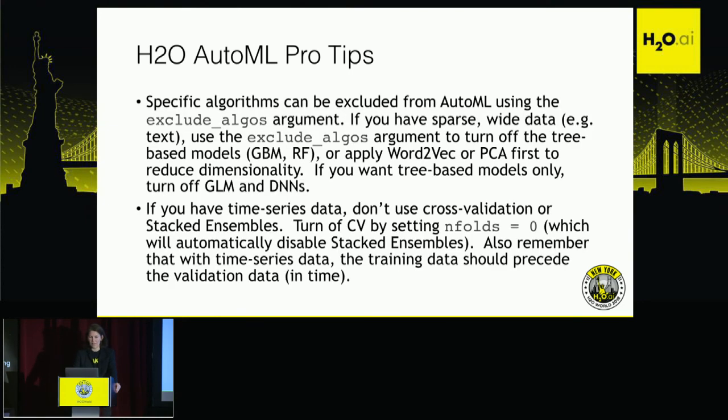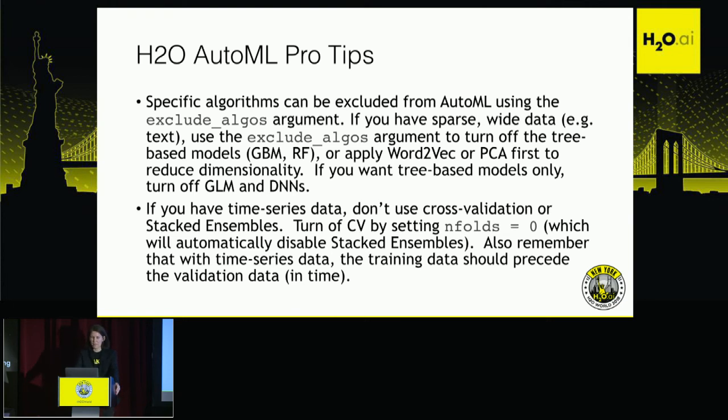Okay, so these are some tips for different types of data. We have an argument called exclude algos. When we first put AutoML out, one of the first things people asked for was, could I turn on and off different algorithms if I know that I don't want them, or if I want to focus only on GBMs or something like that. So we exposed an argument which allows you to do that.